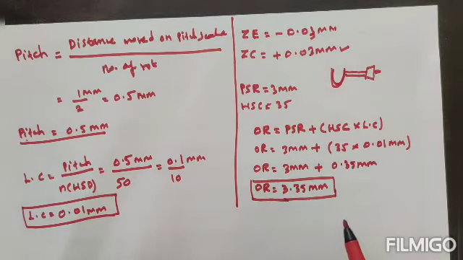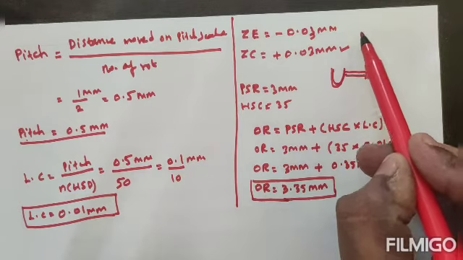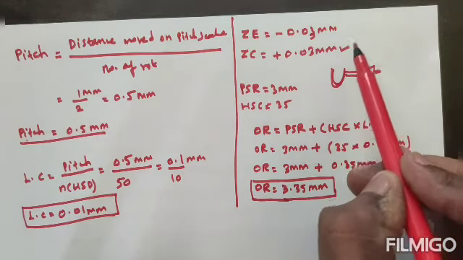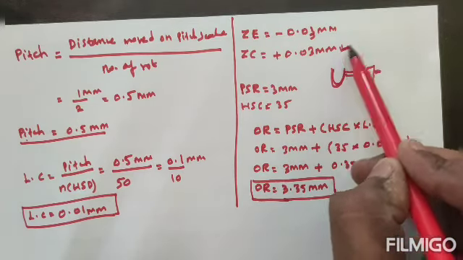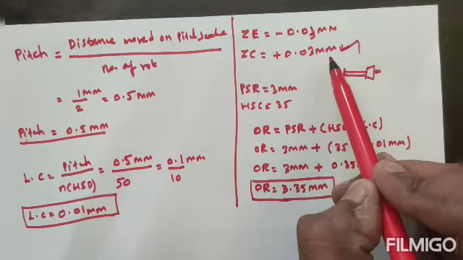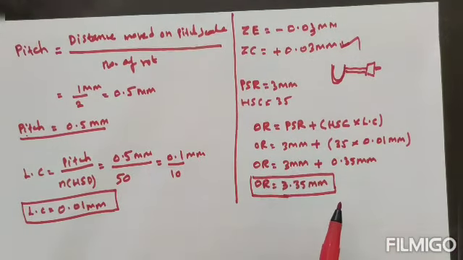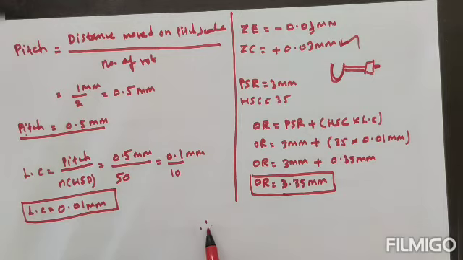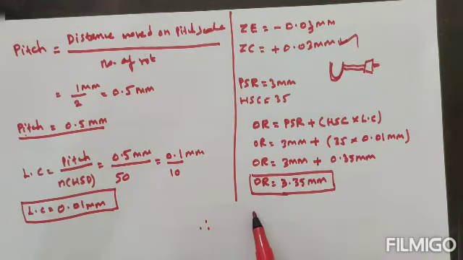If there is no zero error, this is the actual answer, but we have a zero error, that is a negative error, so the zero correction is positive. So now we want to consider this value. Finally, the correct reading is actually the exact diameter of the given wire.